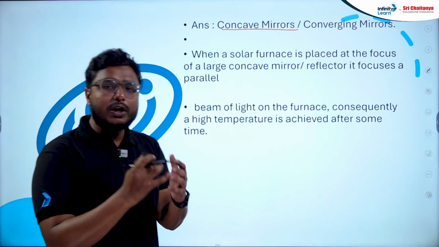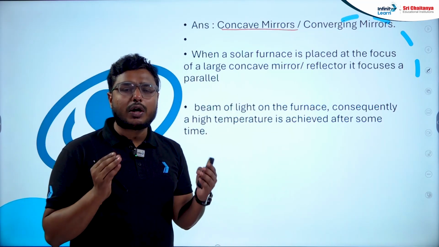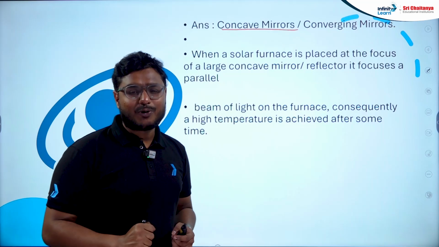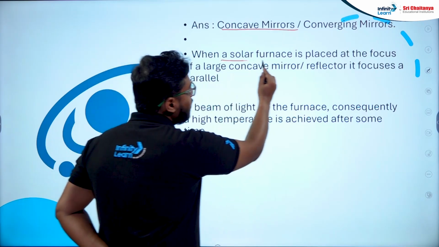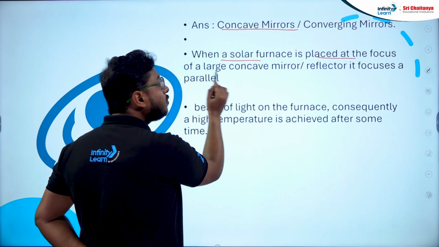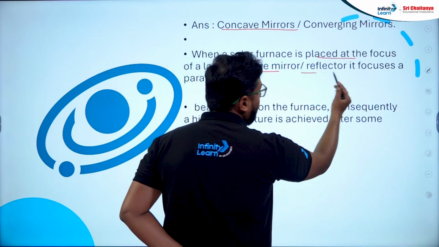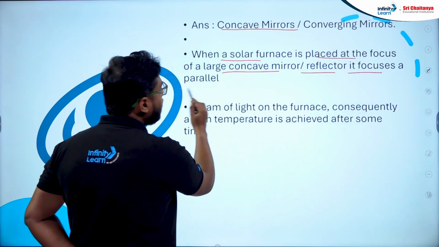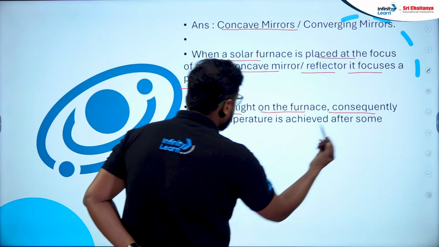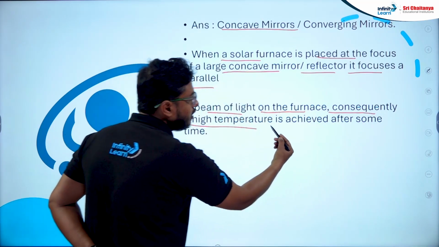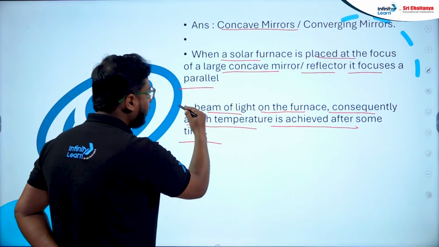All the rays falling on the concave mirror are converged at a point, and we know that point is known as the focus. So when a solar furnace is placed at the focus of a large concave mirror reflector, it focuses the parallel beam of light on the furnace, and consequently a high temperature is achieved after some time, right?